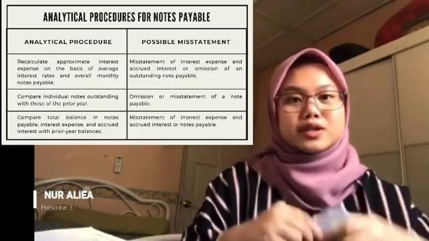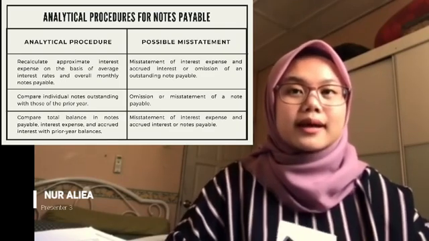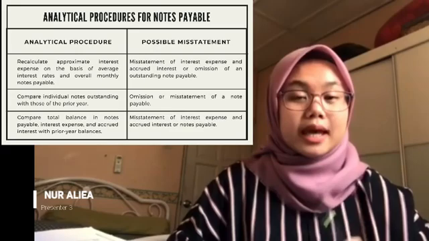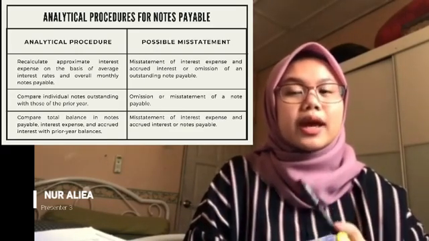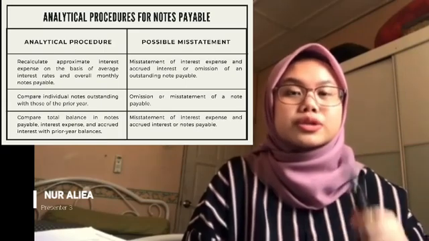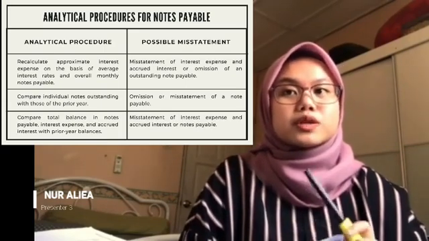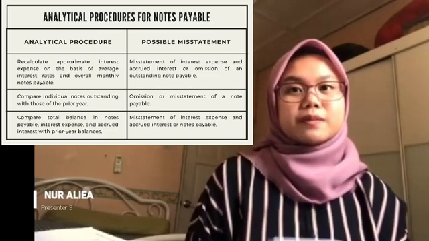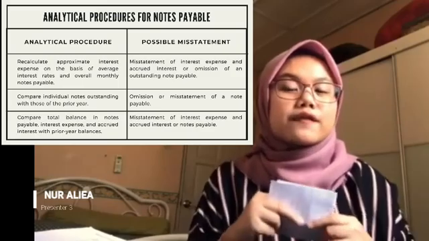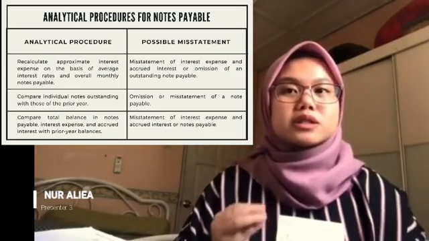The next one is table 22.1 at page 681. It shows three analytical procedures and three possible misstatements. For the first one, recalculate approximate interest expense on the basis of average interest rate and overall monthly notes payable.